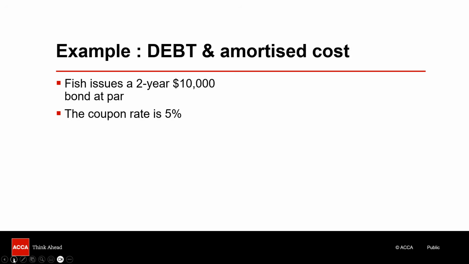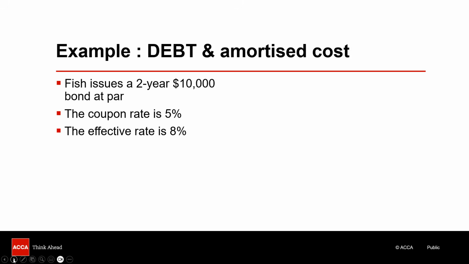Now, the coupon rate refers to the cash that we pay. So 5% on the 10,000 is 500. Yeah, you can just do that in your head, I hope. So we're committed to paying 500 cash back in the first year and 500 cash back in the second year. But that is not the finance cost, and the effective rate of interest that we are going to experience in this instrument is 8%.